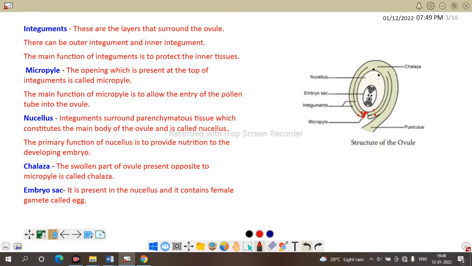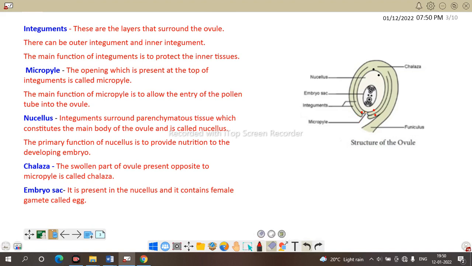Next is micropyle, the opening present at the top of the integument. This is the micropyle, the opening of the ovule. The main function of the micropyle is to allow the entry of the pollen tube into the ovule.